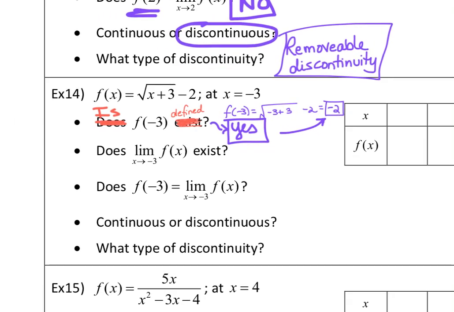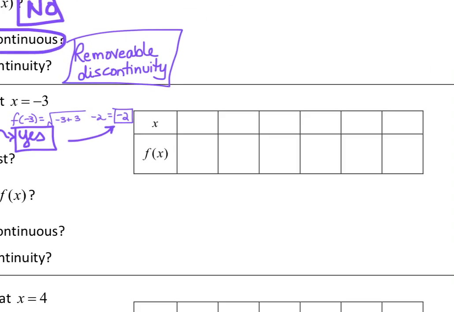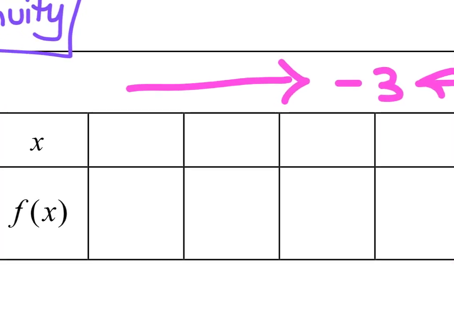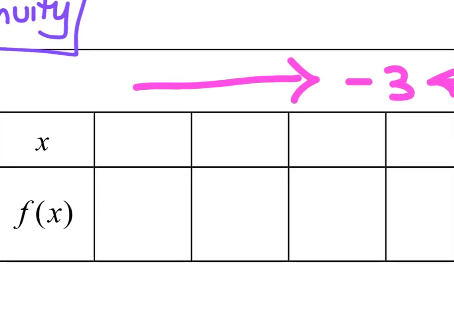Now we're going to compute the limit as x approaches -3. So we want x to approach -3 from the left and from the right. Remember that with the negative numbers, filling in the x values, just don't get yourself confused here.